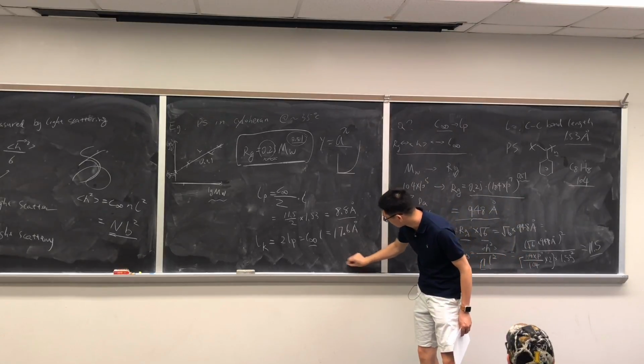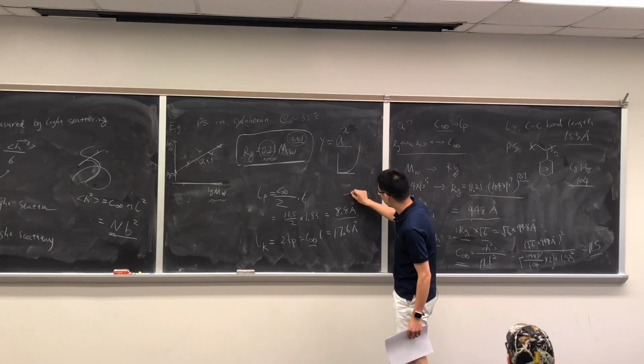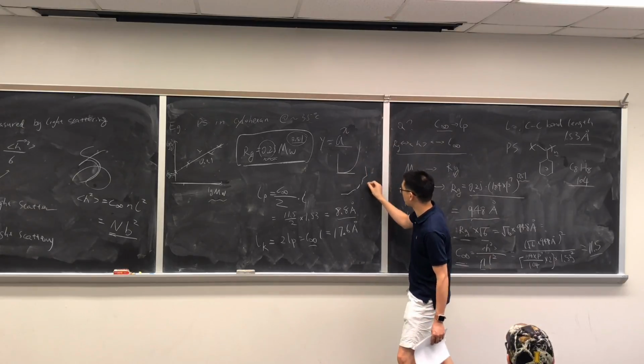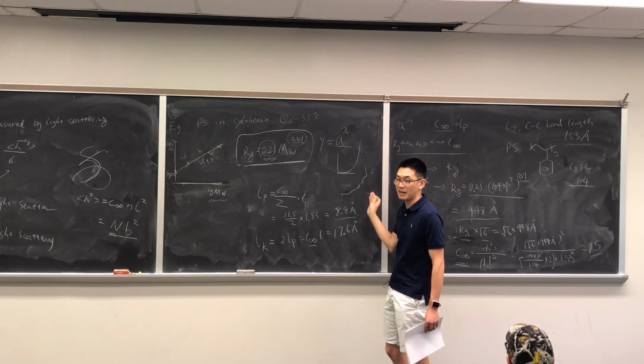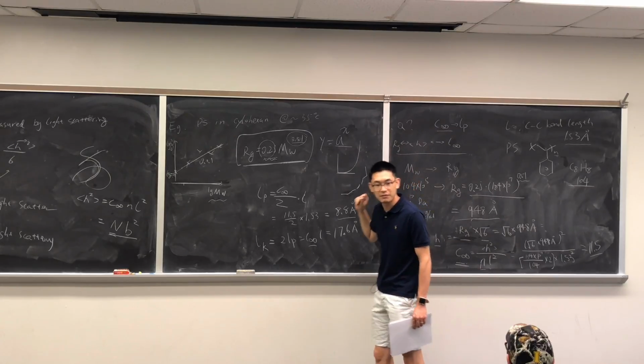Okay, so if I draw a polystyrene, it may be easier this way. It's 1, 2, 3, 4, 5, 6. After about 6 bonds, it bends to 90 degrees. So that's what you can learn from this type of experiment.